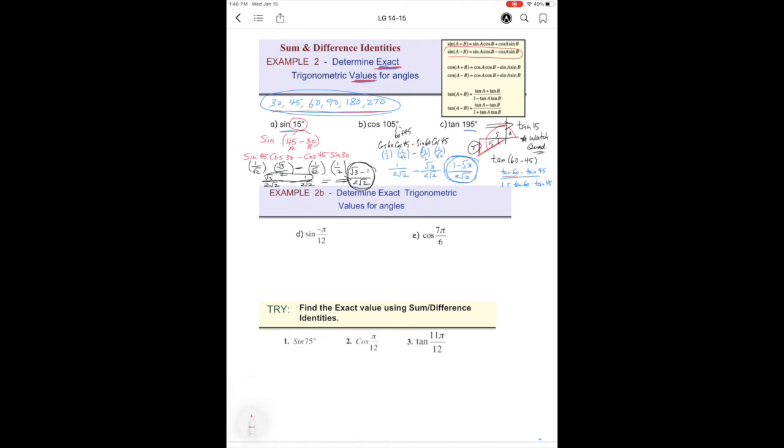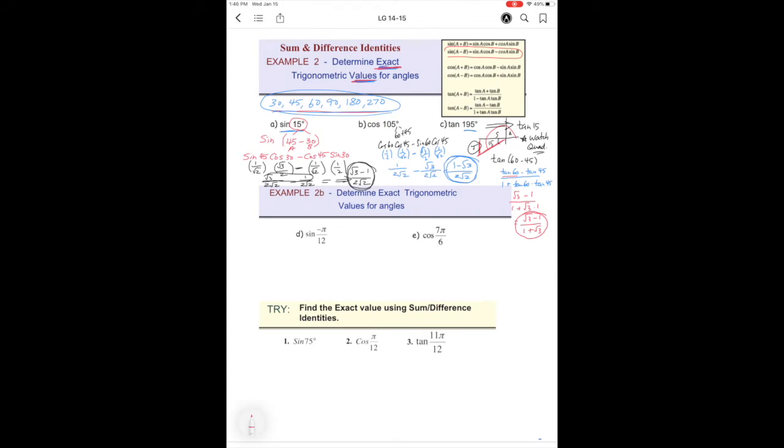Tan 60 is root 3 over 1. Tan 45 is just 1. Then it's 1 plus the tan of 60, root 3, times 1. Now we just do a little bit of tidying up, and we get root 3 minus 1 all over 1 plus root 3 as the answer. Okay.